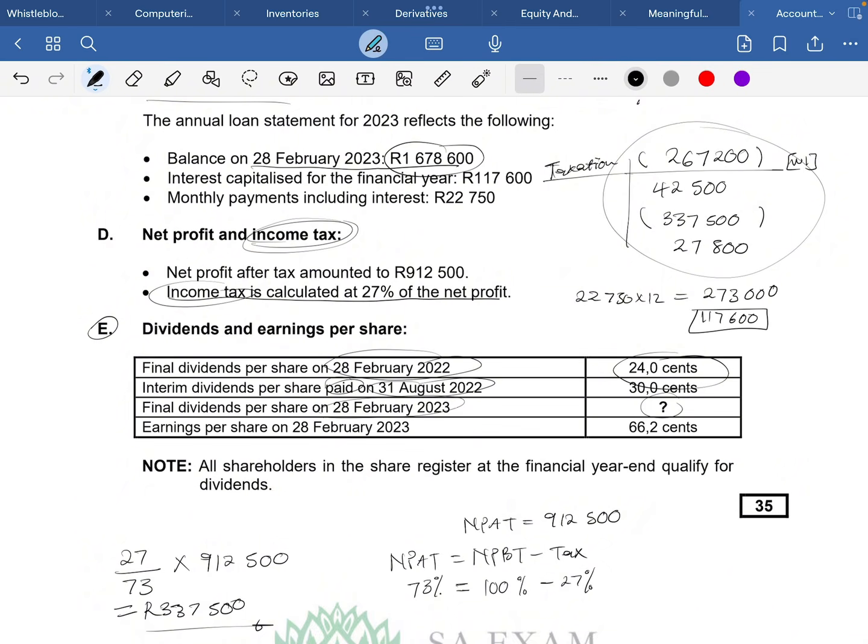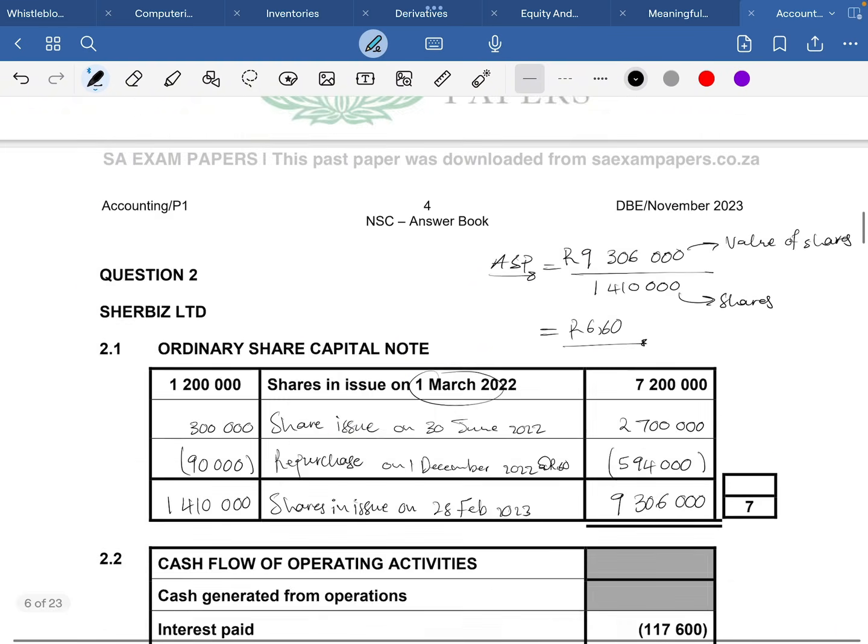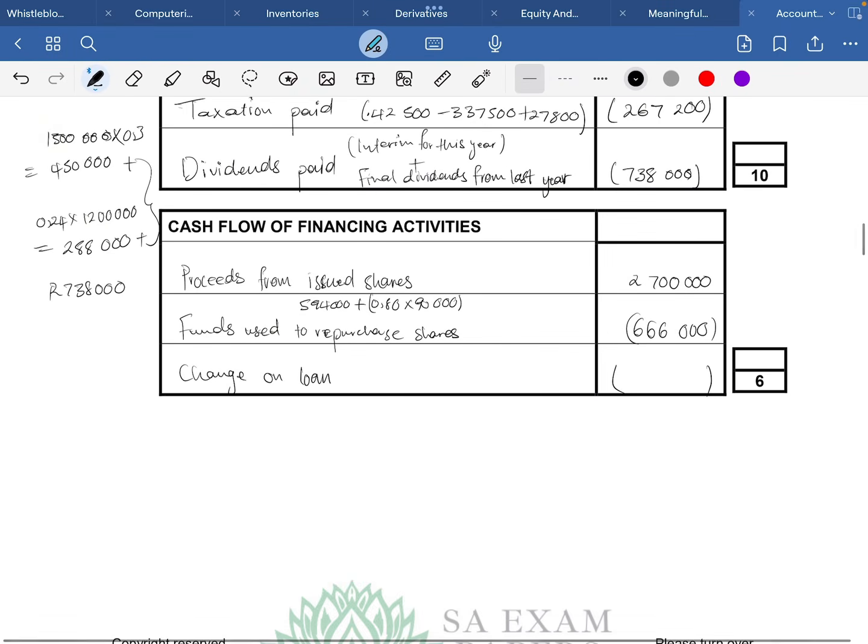Okay, so interest capitalized is 117,600. Right, so for our change in loan on the initial principal loan amount, we first settle interest before we can settle the principal amount. I cannot stress this enough. So what I'm saying to you guys is we find the difference between what we have paid less interest, because we're supposed to settle interest first before we can settle the principal amount.